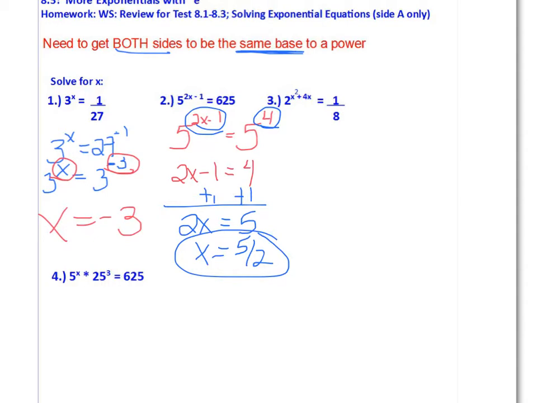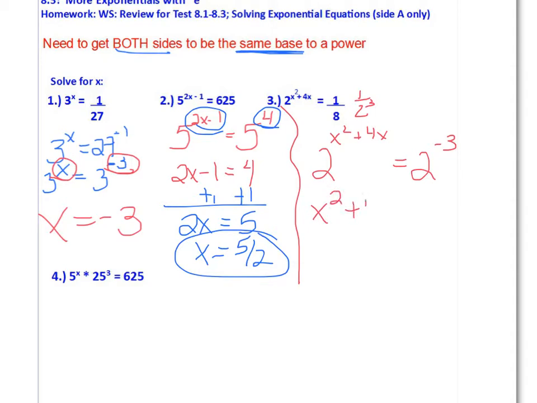All right, write down 3. 1/8 is 1 over 2 to the 3rd. So moving that out of the denominator, we can make the exponent negative.